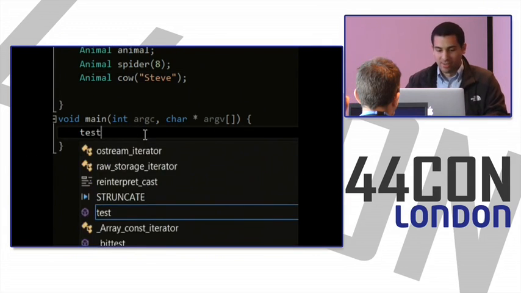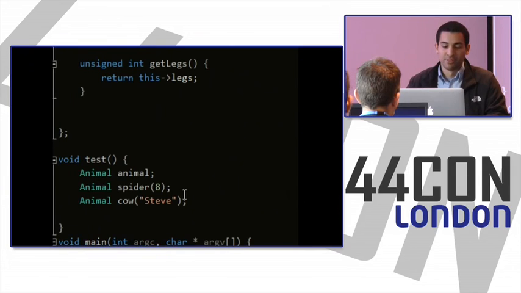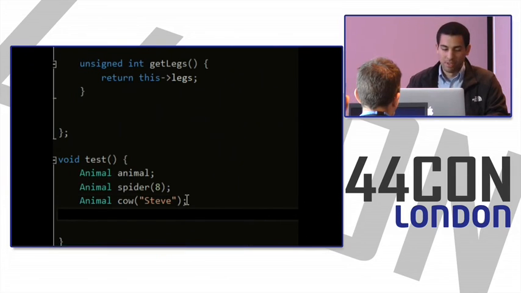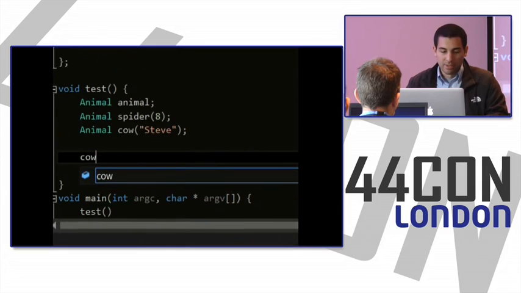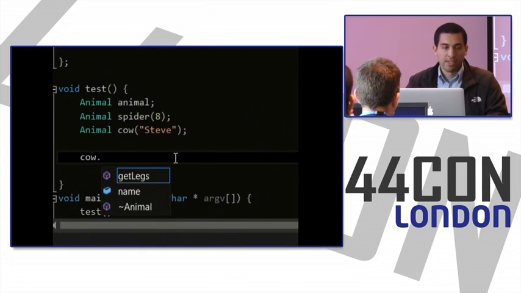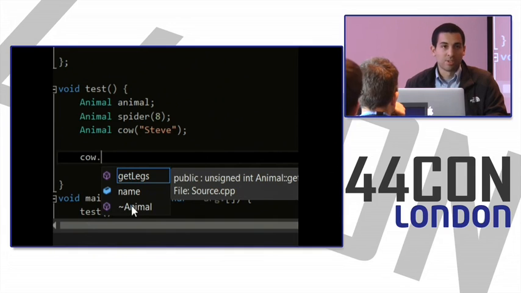Now in our test function, we have made use of all the different types of constructors we made. Since all of these are created on the stack, we provide simply cow dot as if we created a structure on the stack. Now we can get the number of legs, we can get its name, we can also invoke the destructor ourselves.